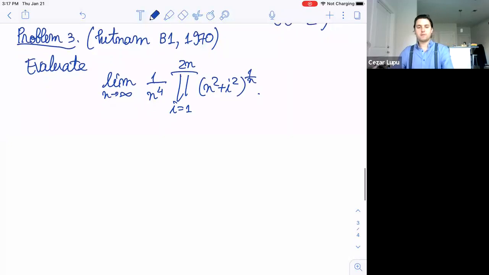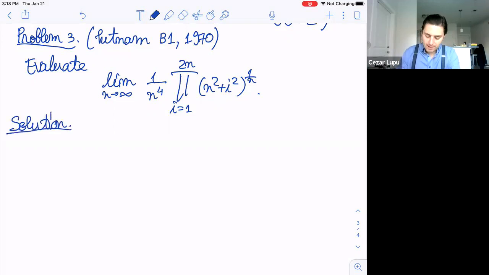So this is the problem. Again, you see now we have a product. So maybe there is a way to transform this product into a sum. And the only way to do that is by just taking the natural log. So let's do that.